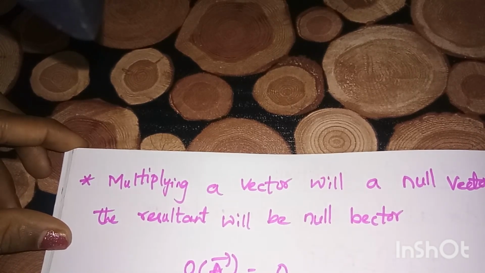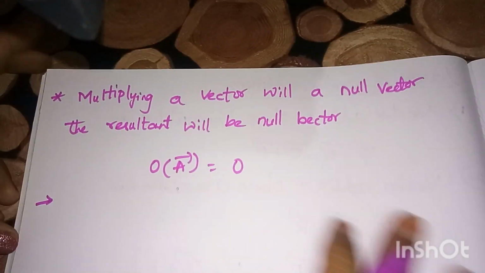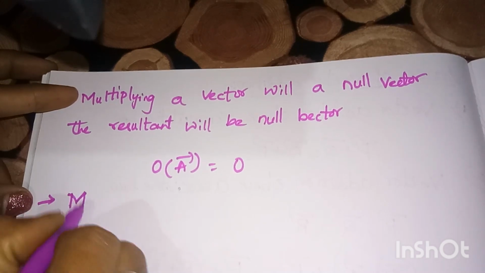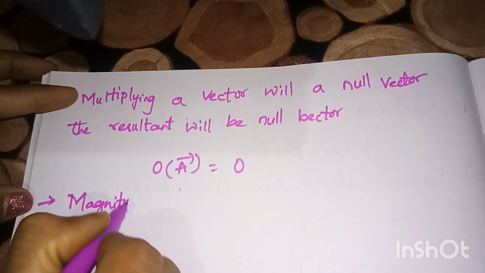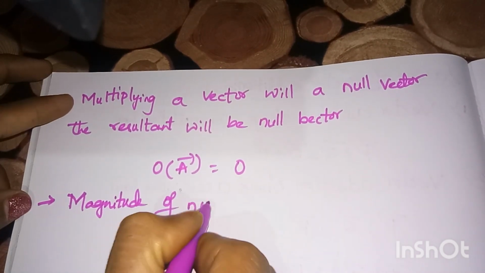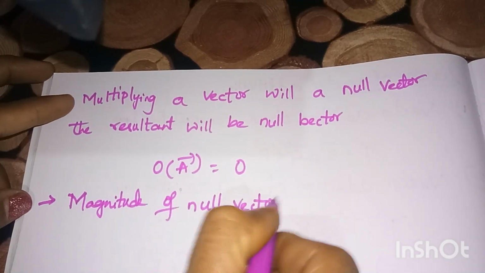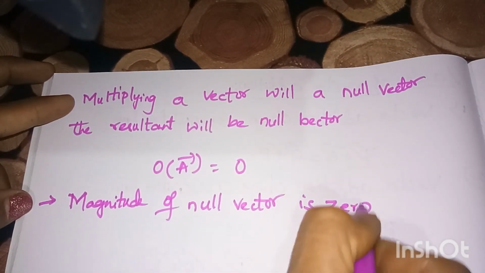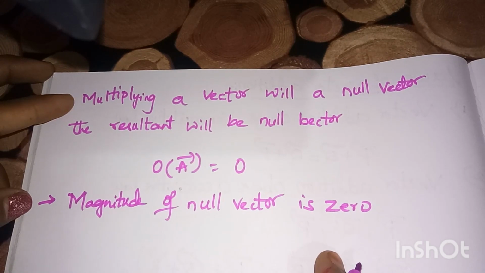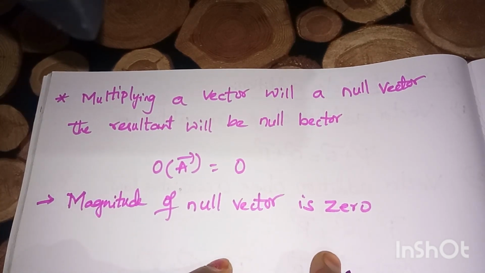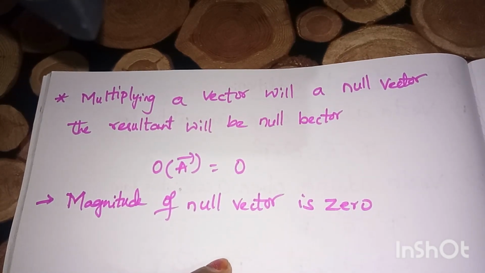And if you find the magnitude of the null vector, the magnitude of a null vector is 0. Why is the magnitude of a null vector 0? Because its direction cannot be specified.